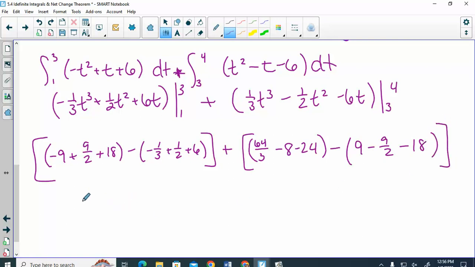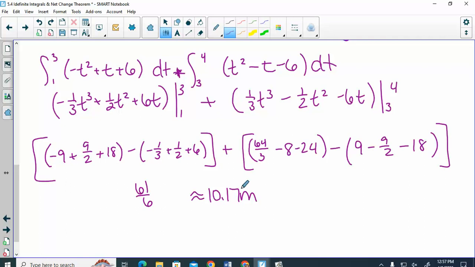Let's see what we get. 2 over 6. Or that's approximately 10.17 meters.